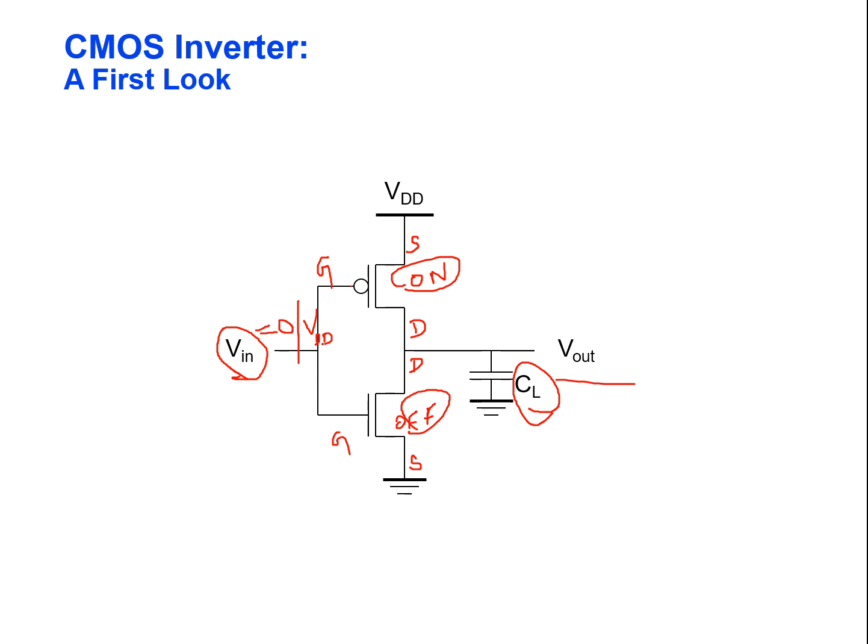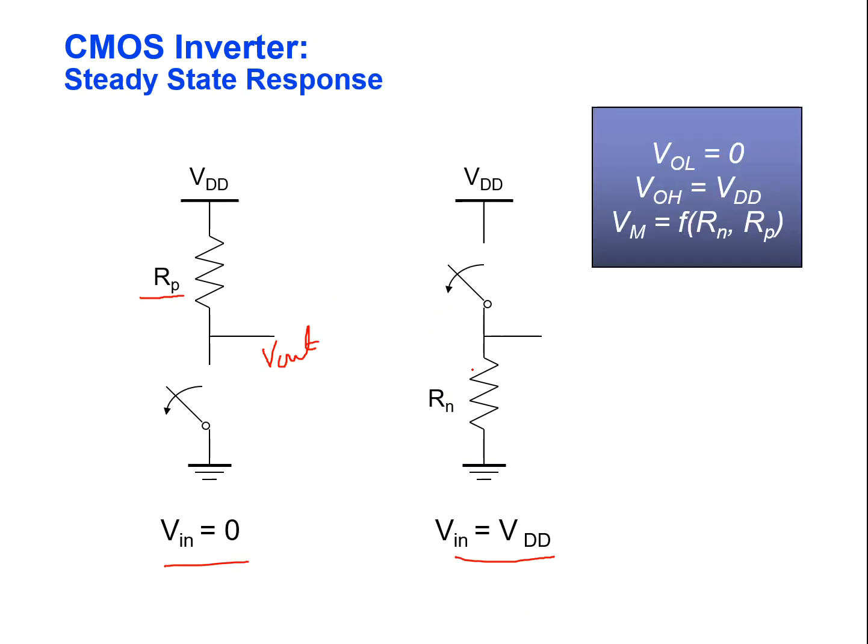So when I am giving the VDD voltage, your NMOS will be in on condition and PMOS will be in off condition, in which your PMOS will act as an open switch and NMOS will act as a closed switch, and hence only the internal resistance of NMOS will exist. That is why, as PMOS is an open switch, it is shown here as open.